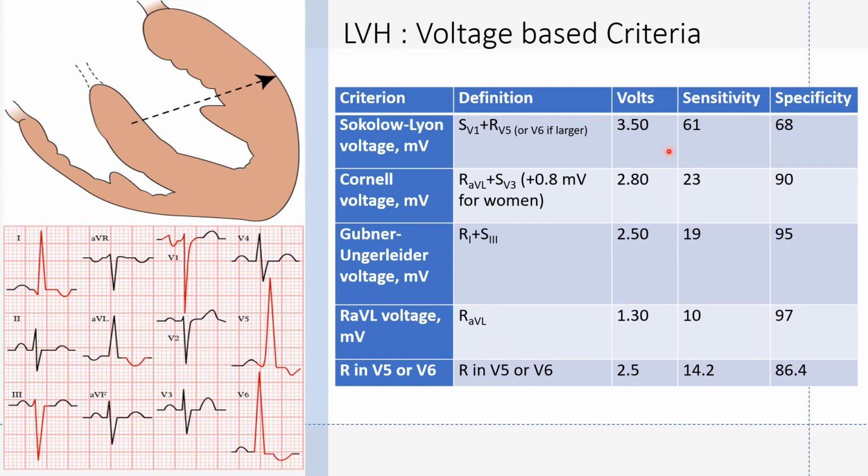But in general, each of these has different sensitivity and specificity. As the sensitivity improves, the specificity decreases, and as the specificity improves, the sensitivity decreases with these criteria.